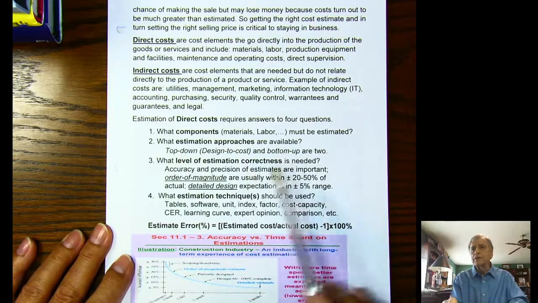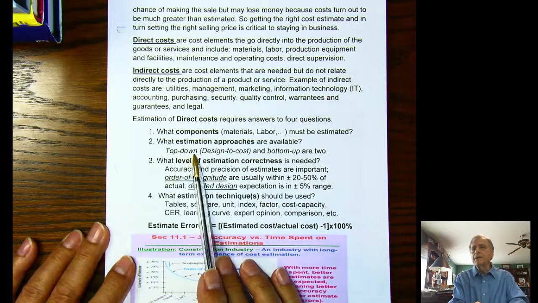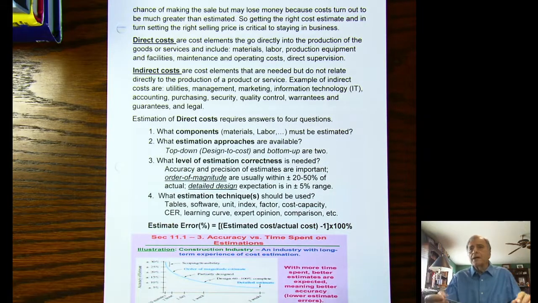for this particular thing? A top-down approach basically starts with a price and says, okay, if this product is selling on the market, and you're going to compete with that, what are they selling it for?